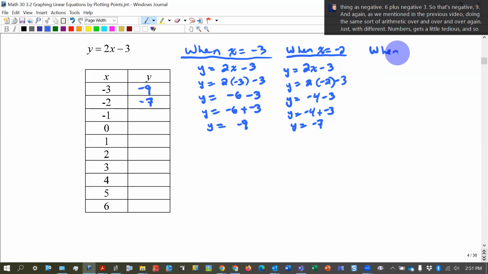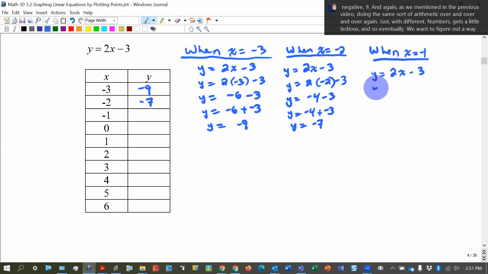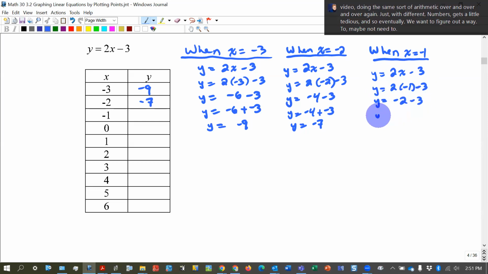And so eventually, we want to figure out a way to maybe not need to evaluate and find several ordered pairs that make an equation true.